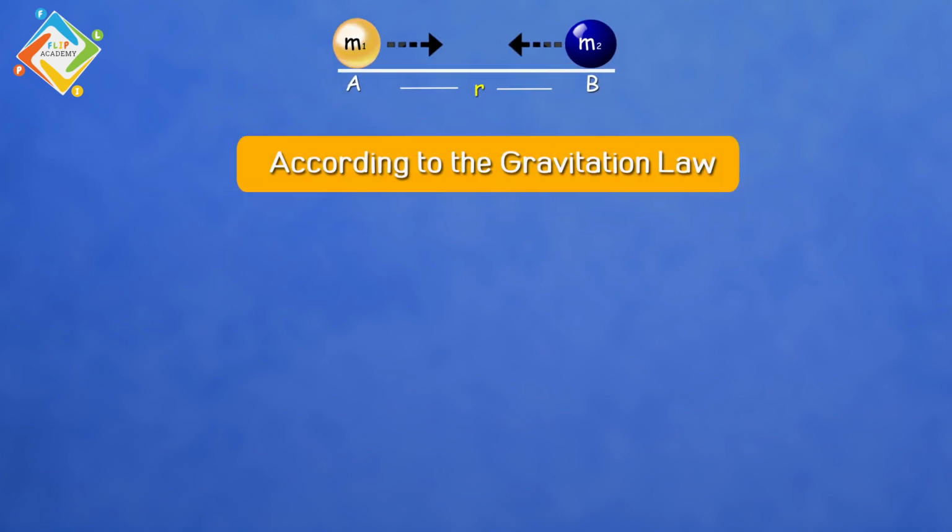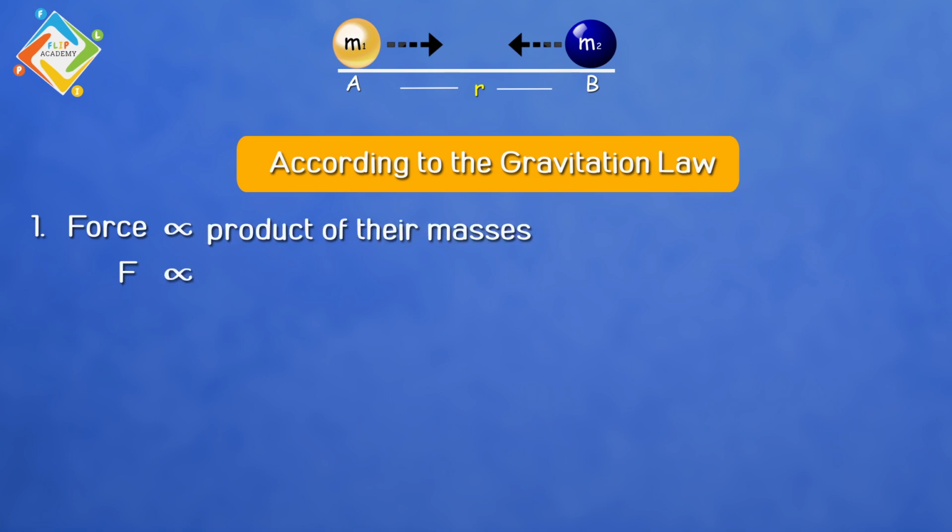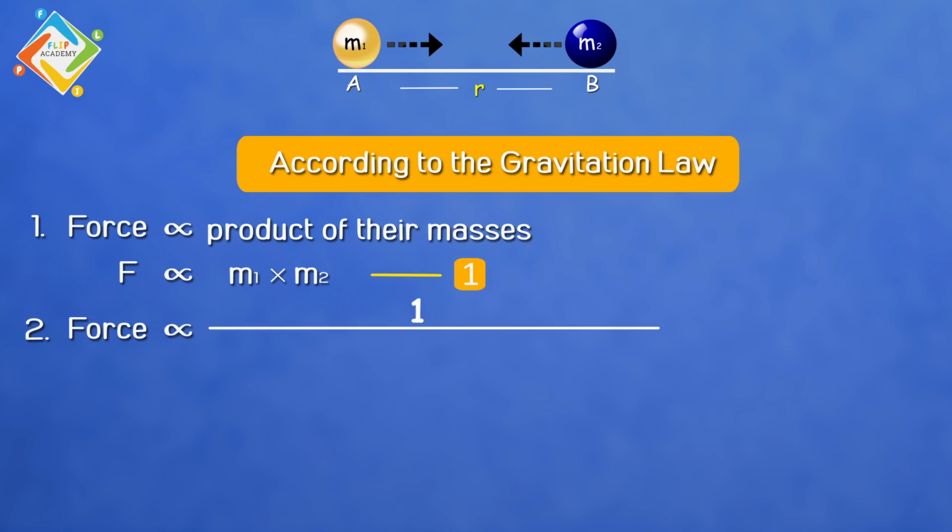According to the gravitation law, the first point is that the force is directly proportional to the product of their masses. That is, F is directly proportional to m1 multiplied by m2. The second point is that force is inversely proportional to the square of the distance between them.